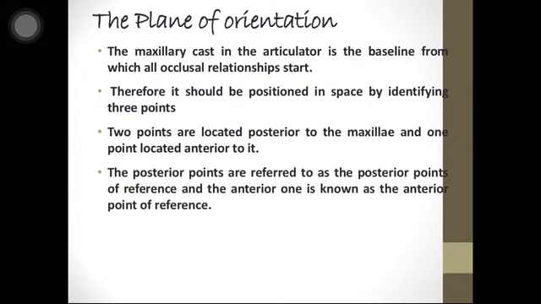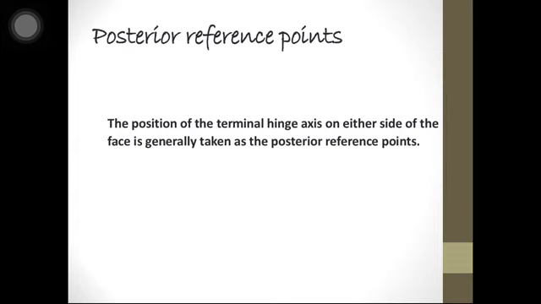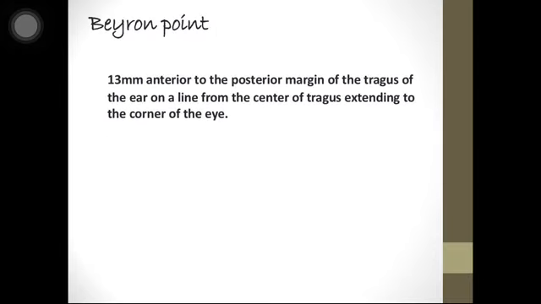The posterior points are referred to as the posterior points of reference, and the anterior one as the anterior point of reference. The position of the terminal hinge axis on either side of the face is generally taken as the posterior reference point.